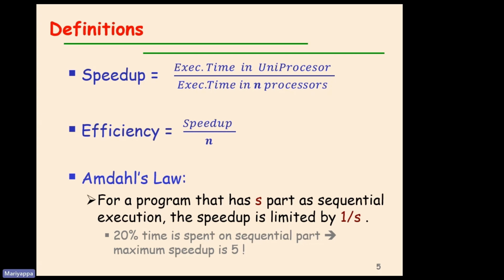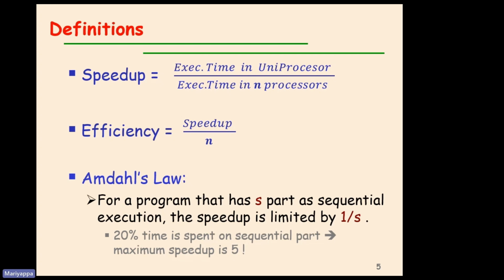Still, you are going to get only a speedup of 5. Therefore, the speedup that you can get is essentially limited by the part of the program which is sequential. So when you parallelize your program, you have to try to reduce this sequential part to as small a value as possible.